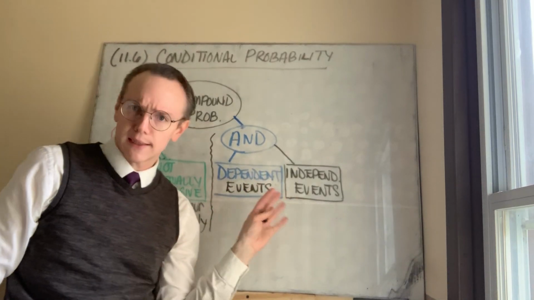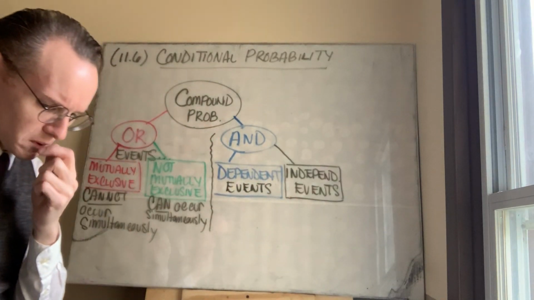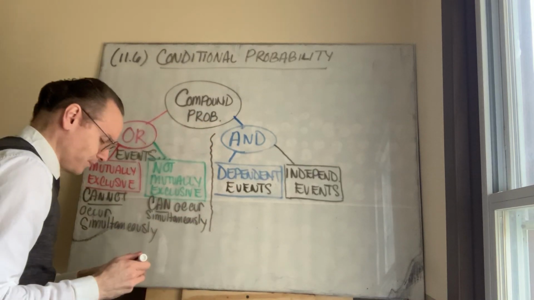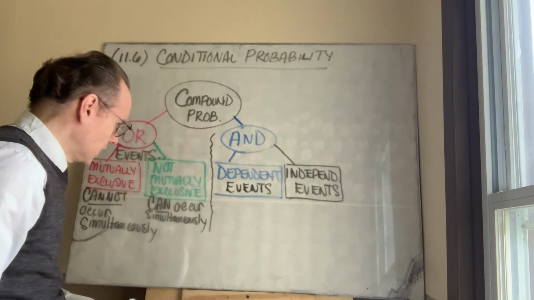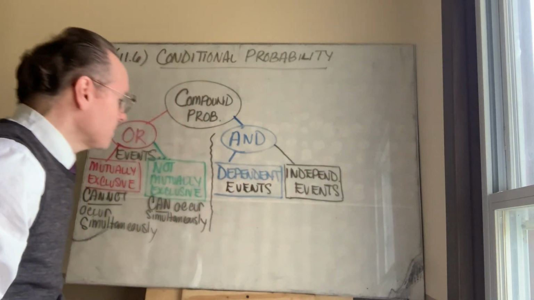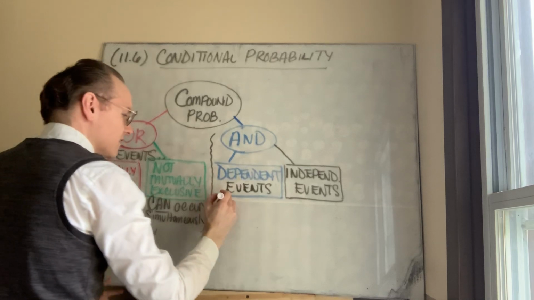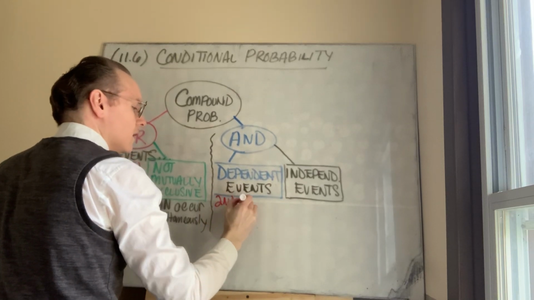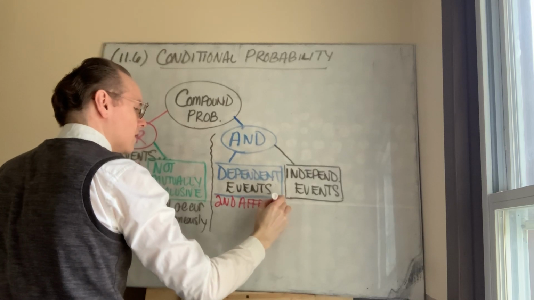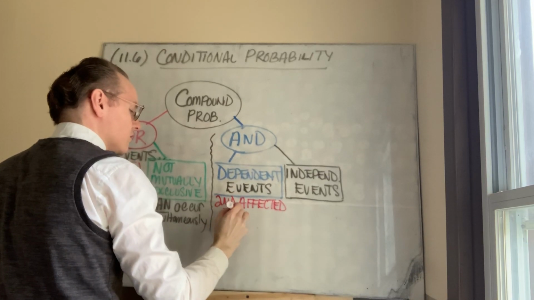In terms of dependent and independent events, when events are dependent, I'll use red here to make it a little bit more distinct, that means the second event is affected by the first.